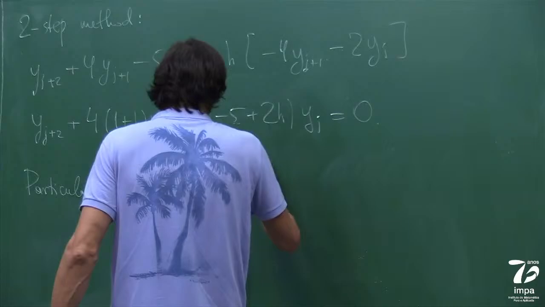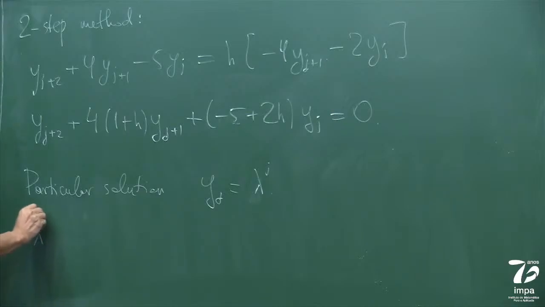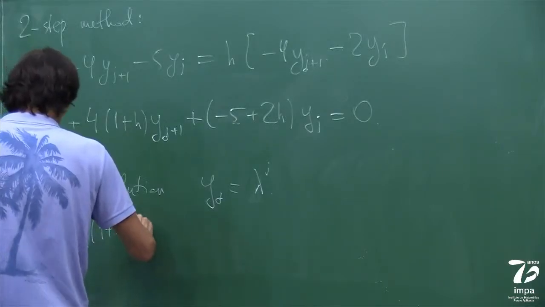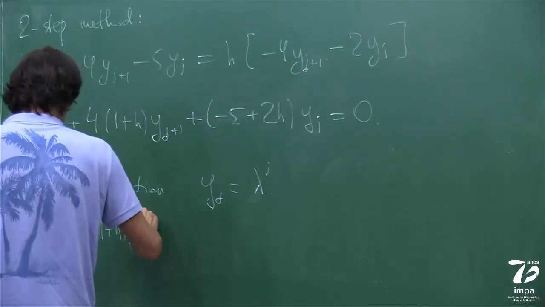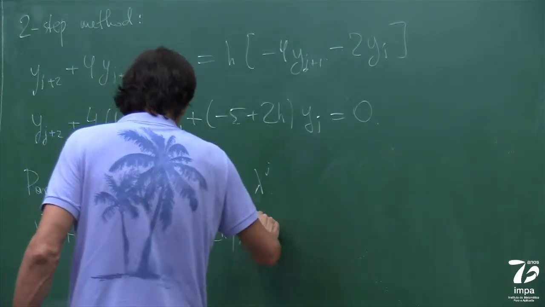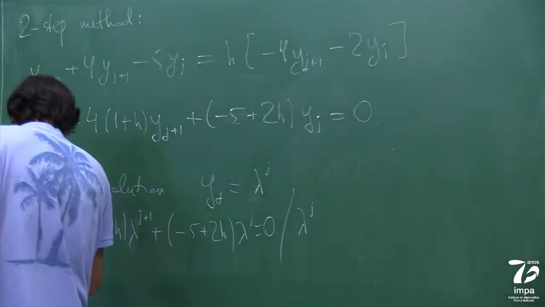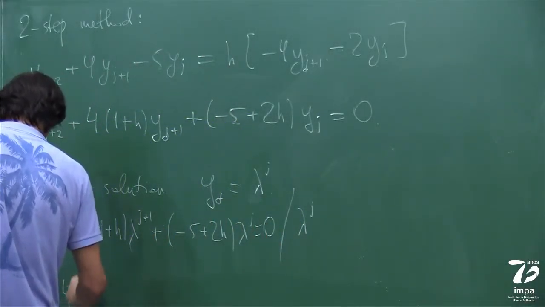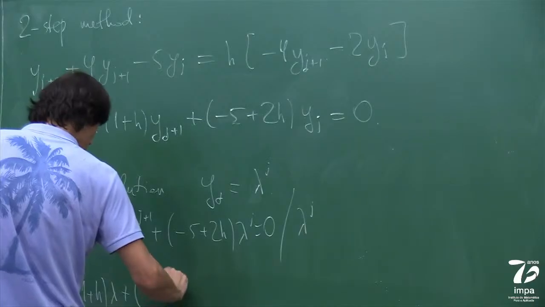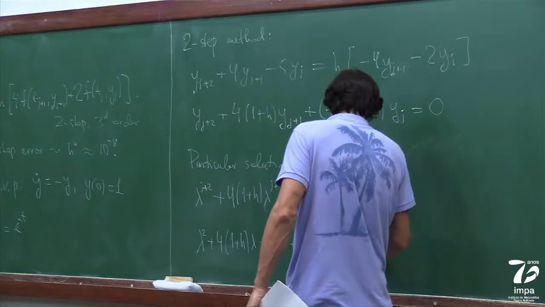So put it in: lambda^{j+2} + 4(1 + h) lambda^{j+1} + (-5 + 2h) lambda^j = 0. Cancel lambda^j, and then you get lambda squared plus 4(1 + h) lambda minus 5 plus 2h equals 0, which is usually called the characteristic equation.